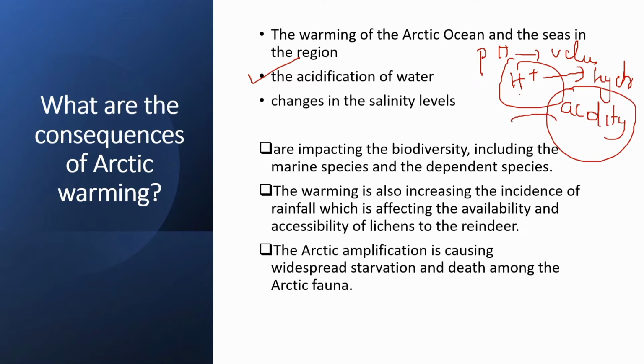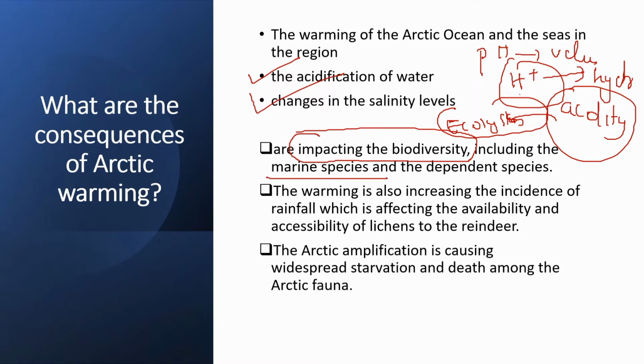This acidity is very harmful for the ocean ecosystem, especially fish, marine life, and plant species also. Then there are changes in the salinity level, that we all know. Another important aspect is that it will impact biodiversity, especially marine species and dependent species. So the whole food chain cycle will be disturbed.